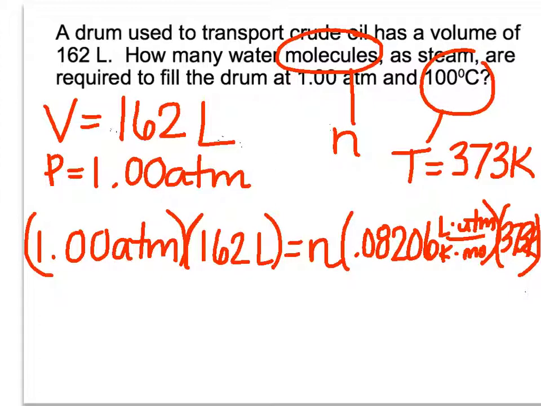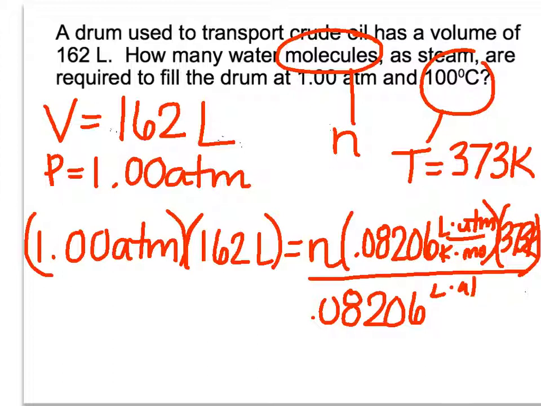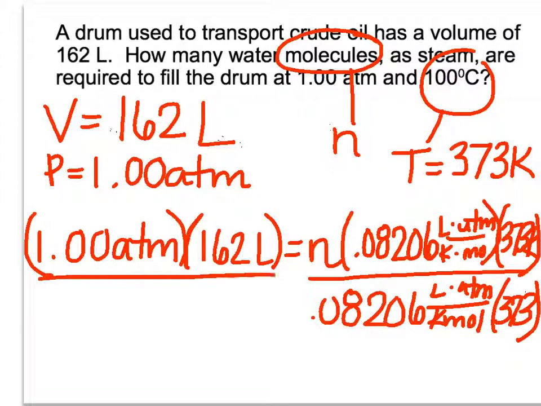You're then going to have to isolate the moles, so we're going to divide both sides by R times temperature. So then we do the same on this side.